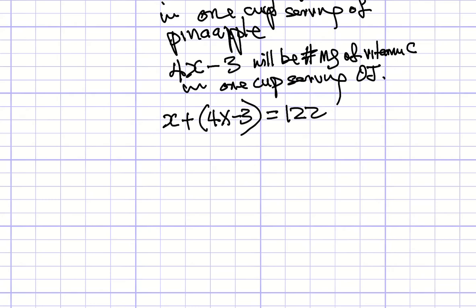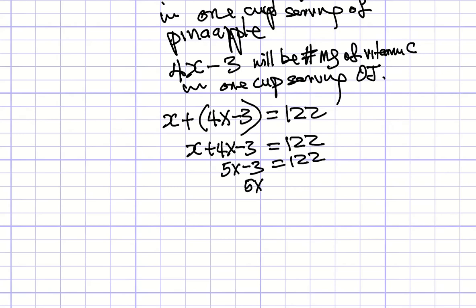Alright, so you remove the bracket: x plus 4x minus 3 equals 122. You have 5x minus 3 equals 122. You have 5x equals 122 plus 3, which is 125.